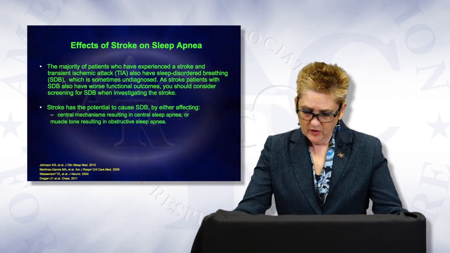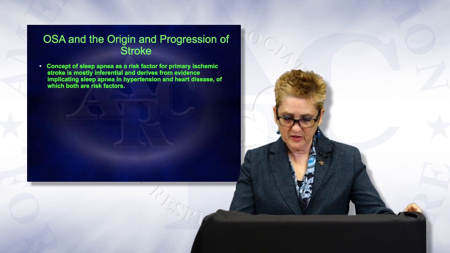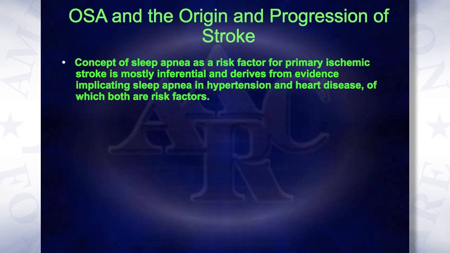When we look at OSA and the origin or the progression of the stroke, the concept of sleep apnea as a risk for a primary stroke is mostly inferential and really derives from evidence implicating sleep apnea in hypertension and heart disease. So again, our risk factors that we talked about: if you're not getting enough oxygen because you're not having a good heartbeat to get the blood to the brain, you could cause a stroke, or again, we're not sure that has a mechanism, but it's implicated.